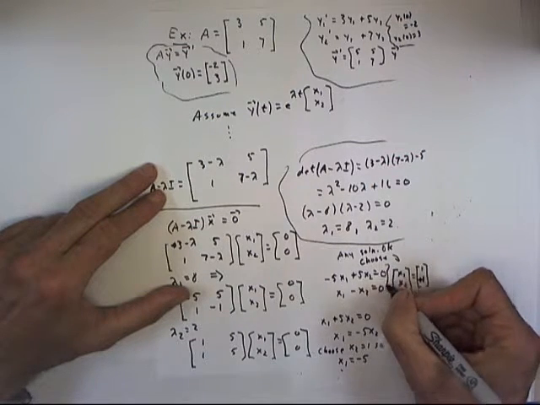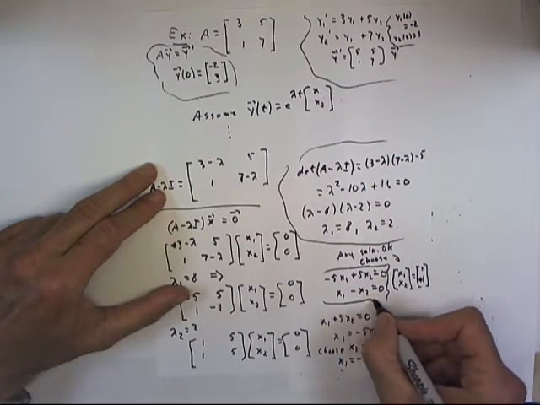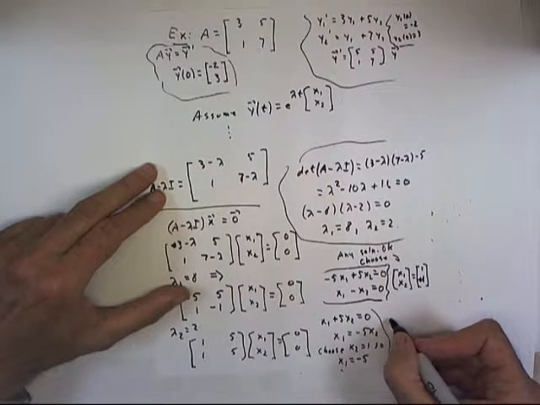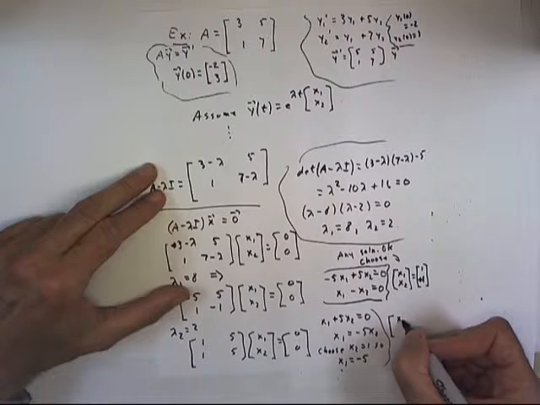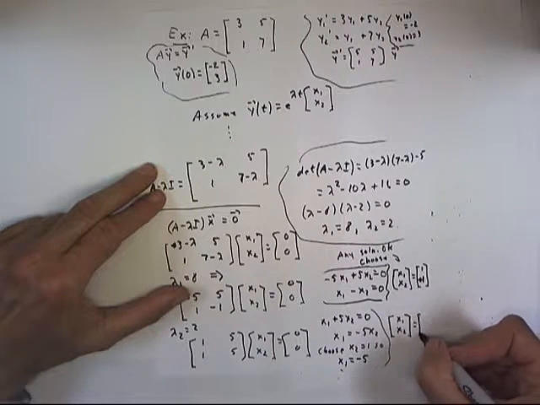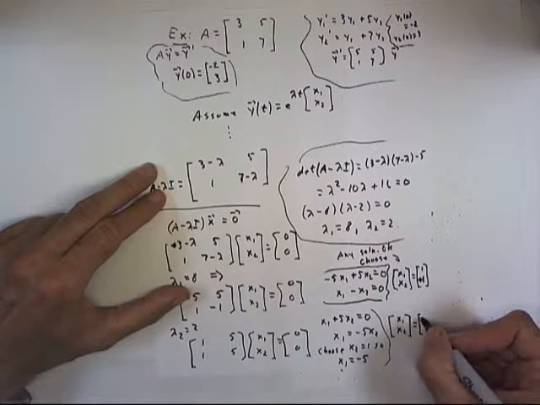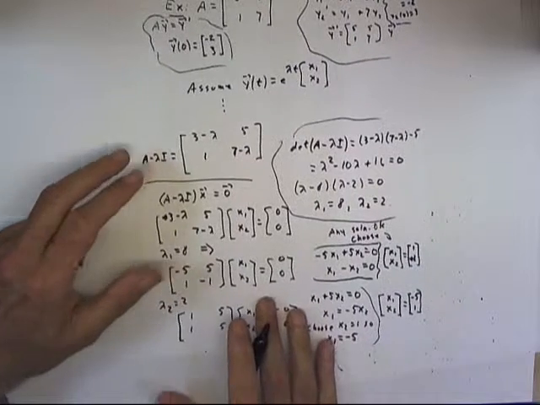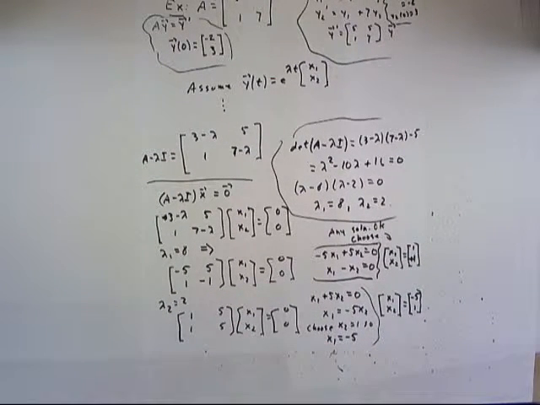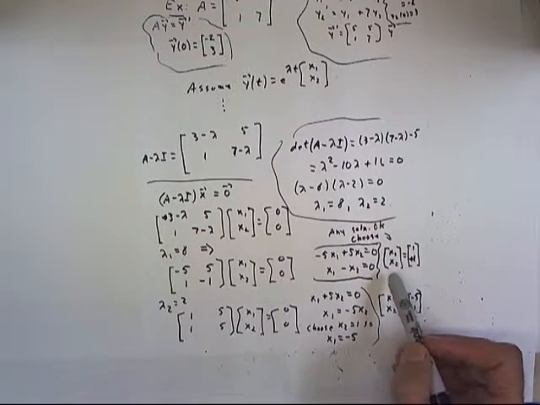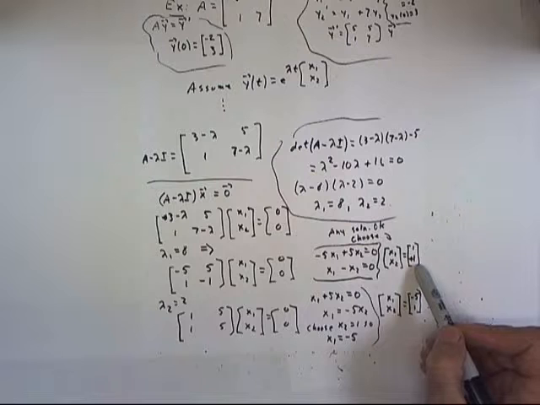And we get x1, x2 equals negative 5, 1. This gives us eigenpairs. For lambda 1 equals 8, our x vector is 1, 1.